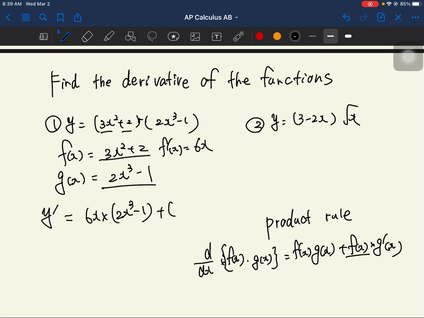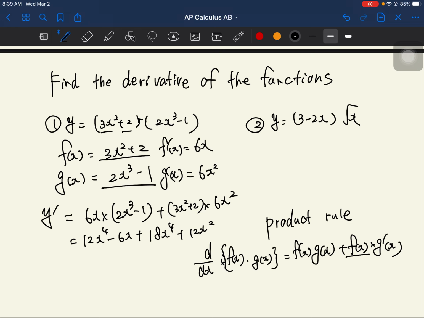Plus, next one is f of x. So you can use this one as it is, 3x squared plus 2, times g prime of x, which is 6x squared. Then expand it: 12x to the power 4 negative 6x plus 18x to the power 4 plus 12x squared.